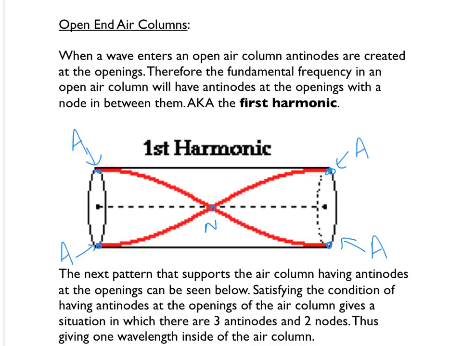This is known as the fundamental frequency in an open-air column, and it's also known as the first harmonic. Now let's call the length of the column or wave L, and we can see that L, the length, is half a wavelength.